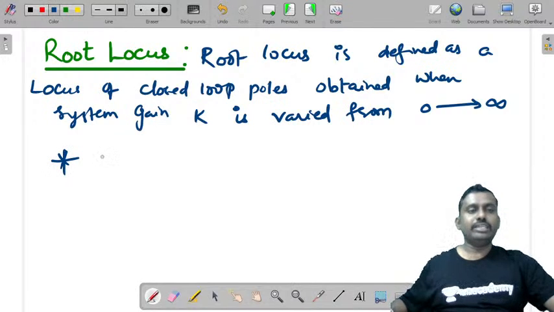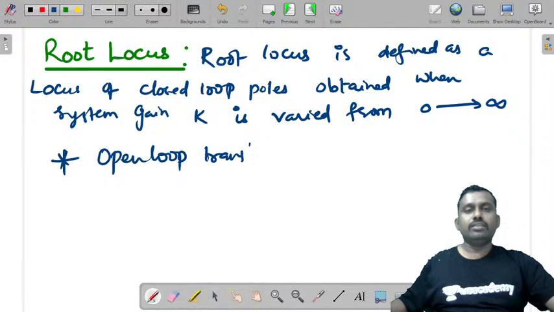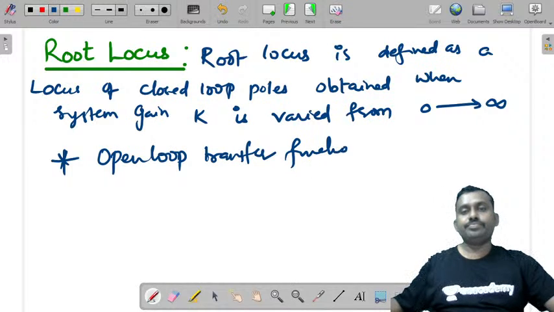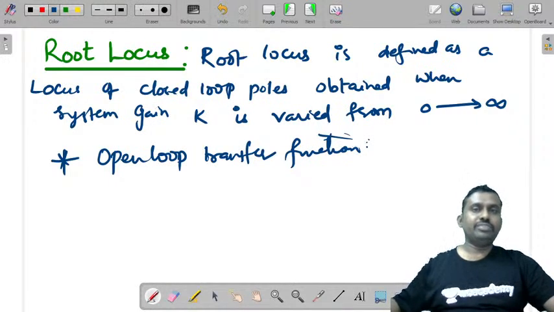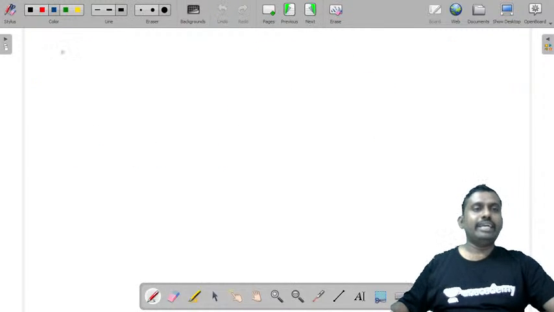One thing that you need to understand is we will consider the open loop transfer function. Root locus is obtained for an open loop transfer function. We need to draw a root locus for a given open loop transfer function. For that there are some steps that need to be followed. I'll write those steps first, one by one.